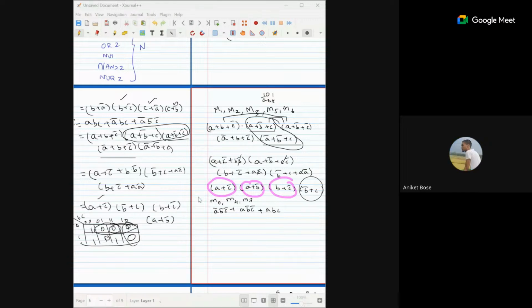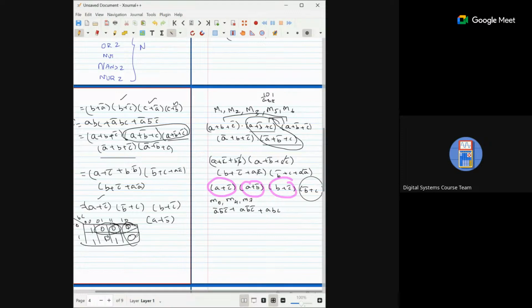Sir, I have a question. Without writing the Boolean expression for M0, M1, like min terms or max terms, can we simplify? The solution is the Karnaugh map. I've just used the K map here, but maybe next week we will learn about other methods.